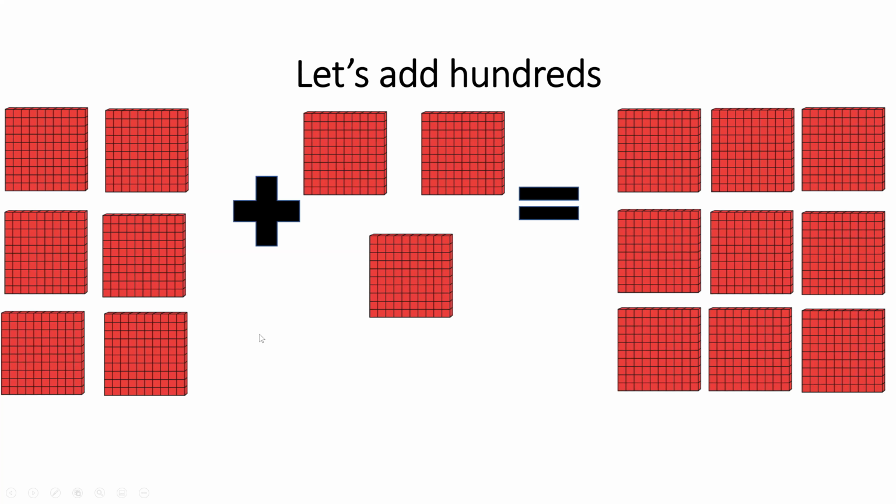Let's do it together. 100, 200, 300, 400, 500, 600 plus 100, 200, 300 equals 100, 200, 300, 400, 500, 600, 700, 800, 900. 900.